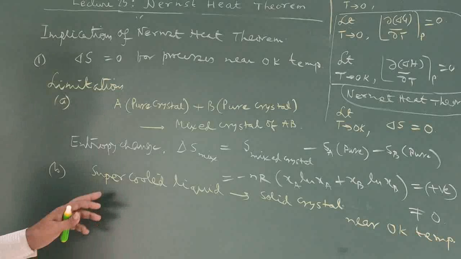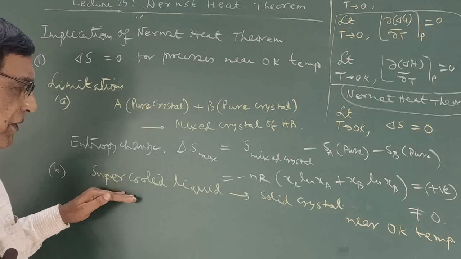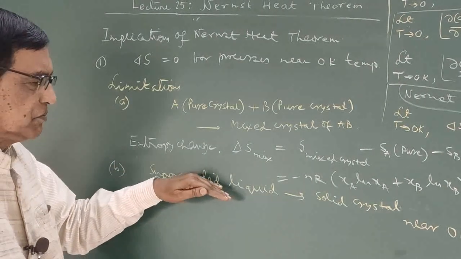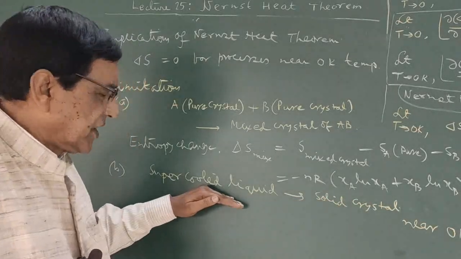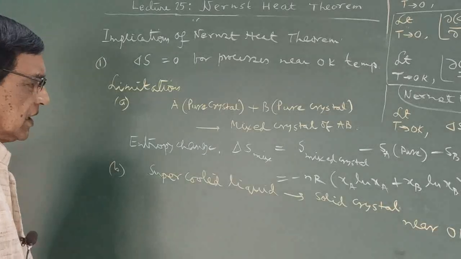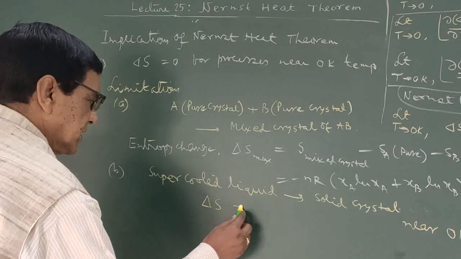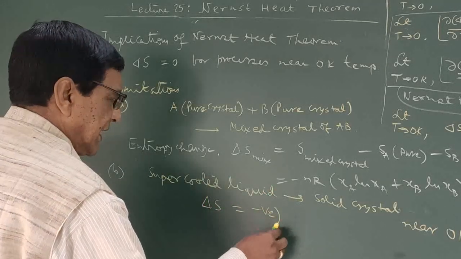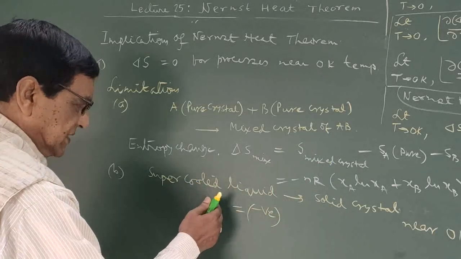This supercooled liquid is not in a stable state; it is a metastable state, and this liquid has more entropy than the solid crystals. Here the randomness is much greater. Naturally, delta S for this process becomes negative, meaning entropy decreasing, randomness decreasing.